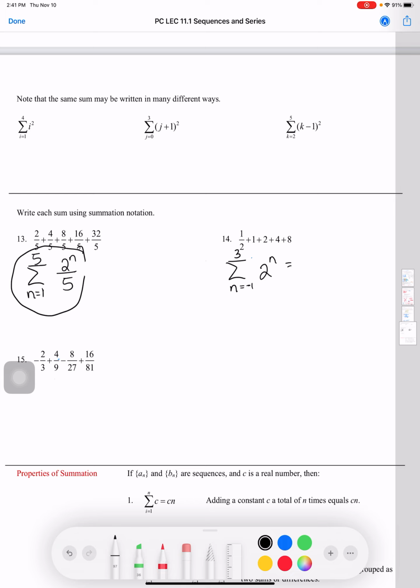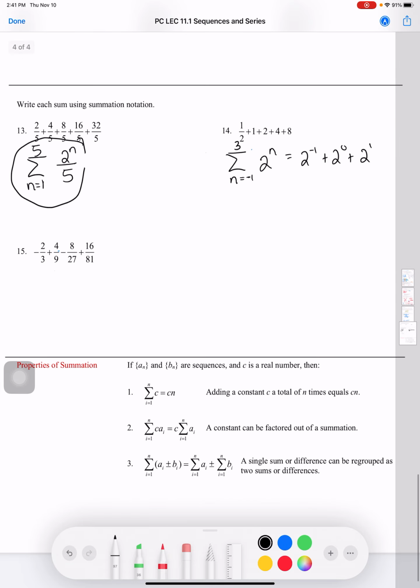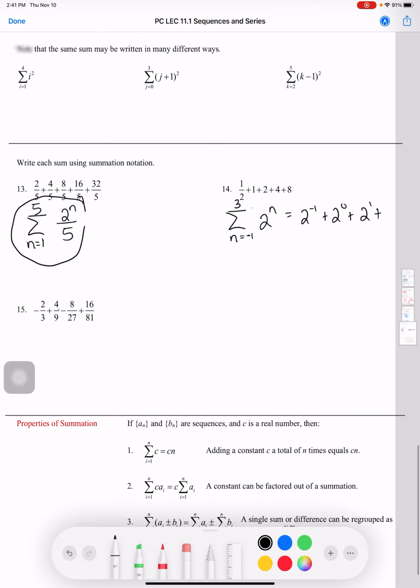So does that work? Let me check it. That would give me 2 to the -1st power. Then that would give me 2 to the 0 power, 2 to the 1st power. Yes, I'm running out of room, I can't really write over here on the side.